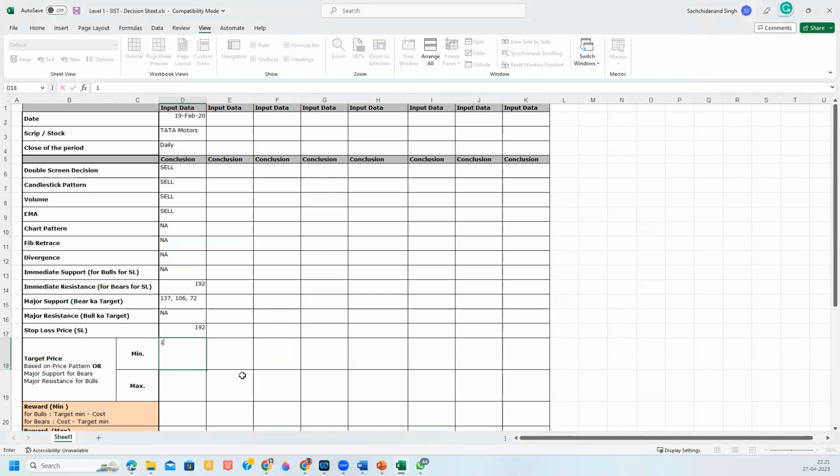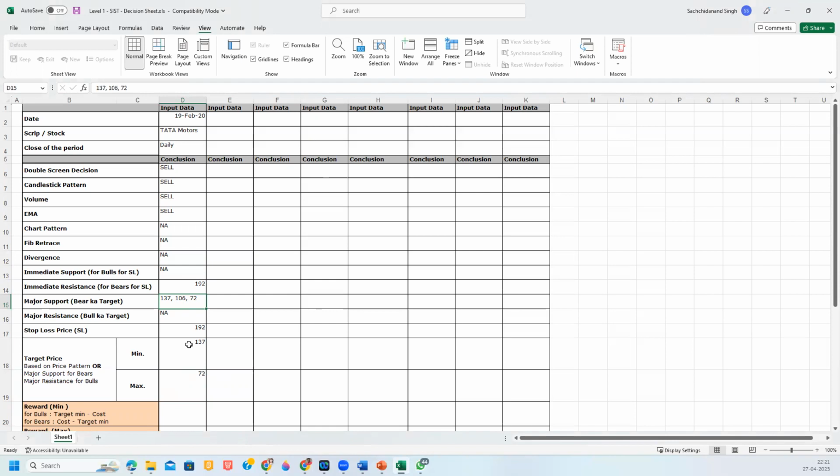So 137 is the minimum target, and the maximum could be the lowest value, because we are selling at the high price and going to purchase at the lower point. The maximum value could be 72. So we are taking that value from here based on the support and resistance, out of these three pointers, because it is a bearish market.